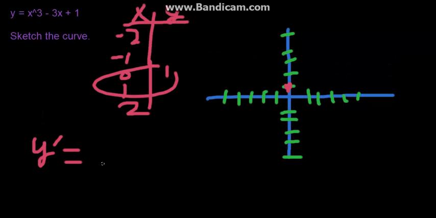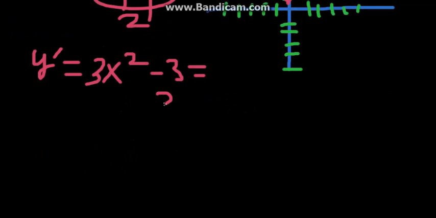So y prime is 3x squared minus 3. Now if we factor it out, this equals 3 times (x squared minus 1). See? Same thing.